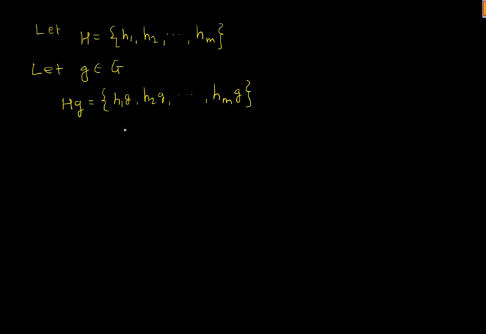Now after construction of this right coset of H in G, one question arises in my mind, and that is whether the cardinality of this coset Hg is m. I'm guessing that, of course, yes, its cardinality is m. That means, in my mind, I'm thinking the cardinality of Hg is equal to m.